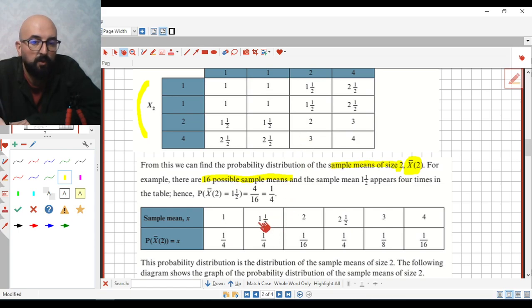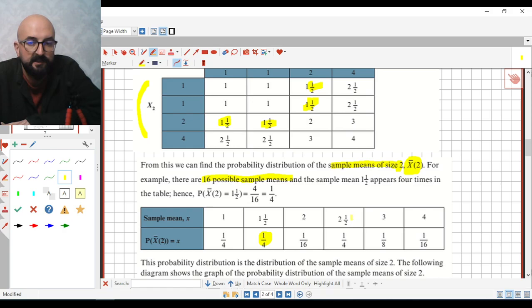The probability of 1.5, or 1 over 2, you have 1, 2, 3, 4, so the probability is 4 over 16, and 4 over 16 becomes 1 over 4, like this.